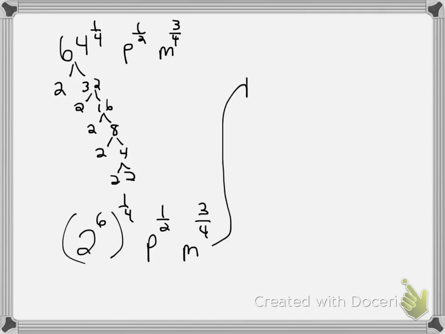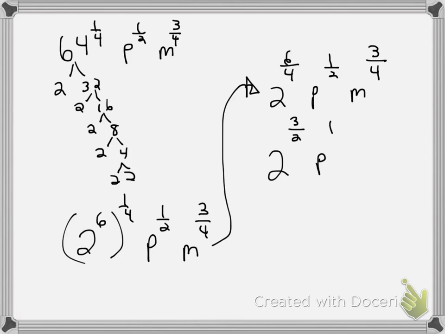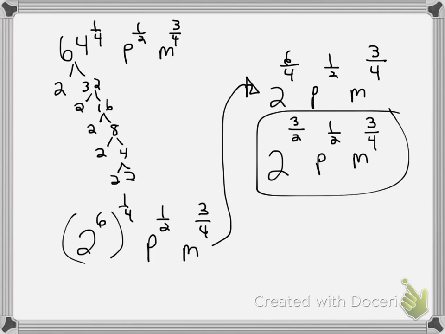So now I do that again. I multiply my exponents, so this becomes 2 to the 6 over 4, p to the 1/2, m to the 3/4. And then I can simplify and write that as 2 to the 3/2, p to the 1/2, m to the 3/4. So this is just another way that you can rewrite this.